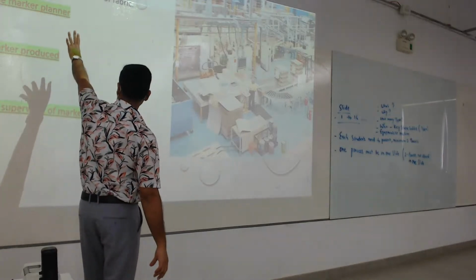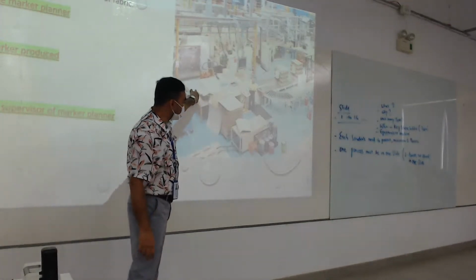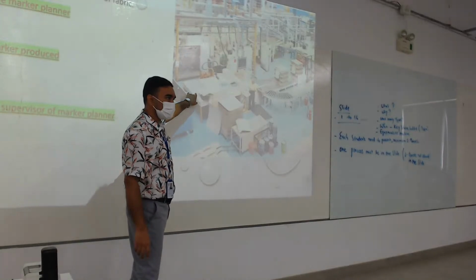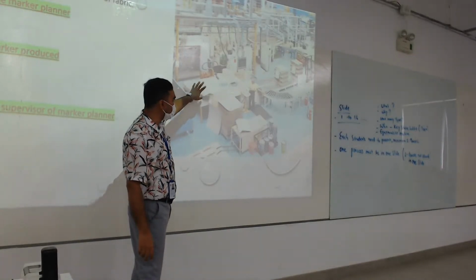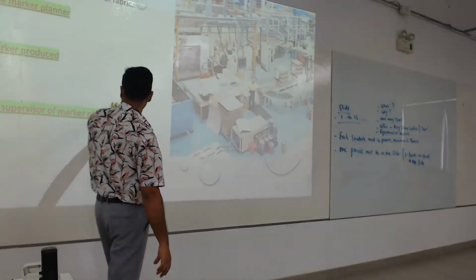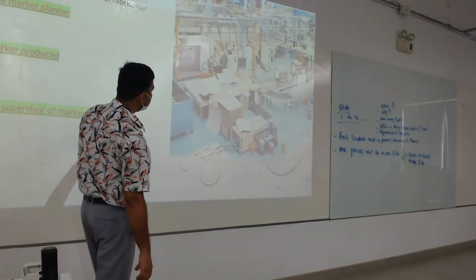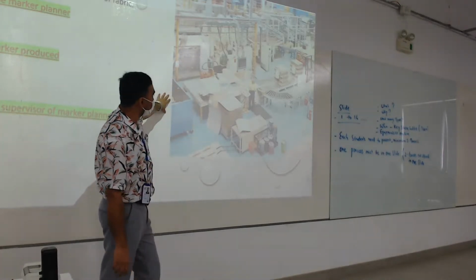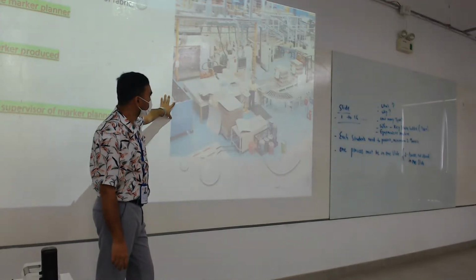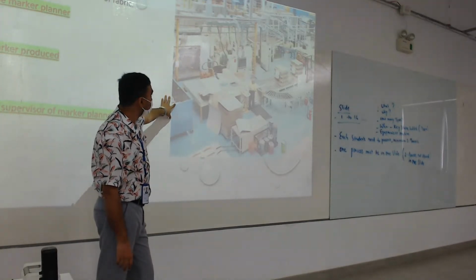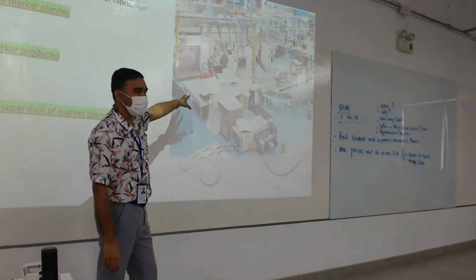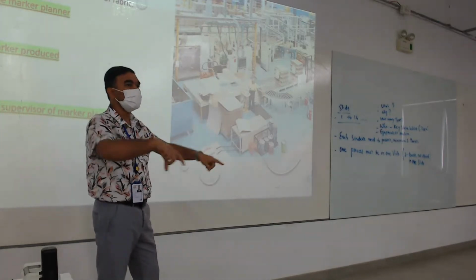So this one is about marker planning, and this one is what? Anything related to marker or cutting? Automatic machine for what? Yeah, this machine is making the cotton cardboard.